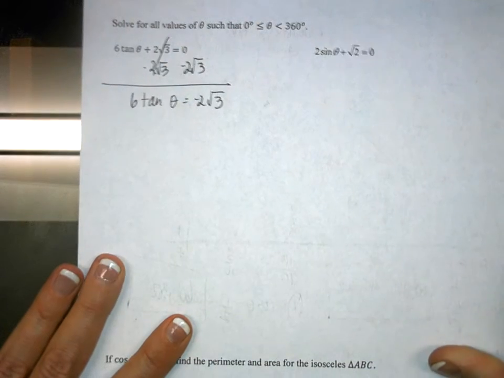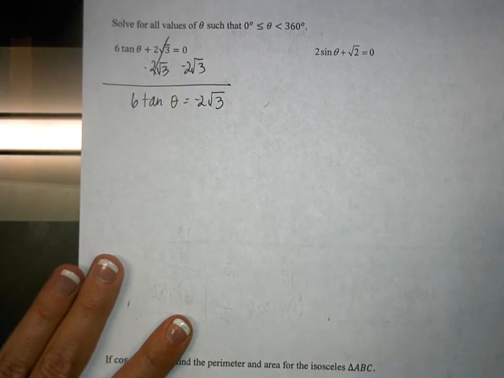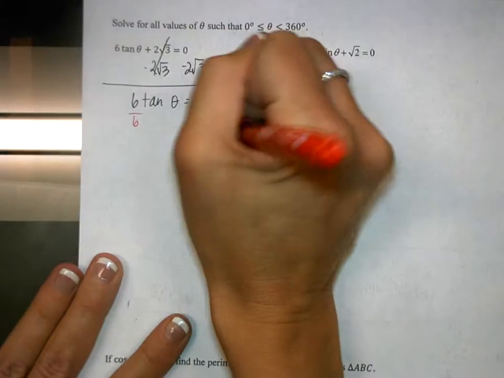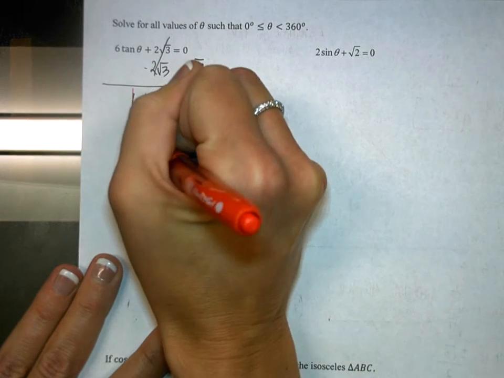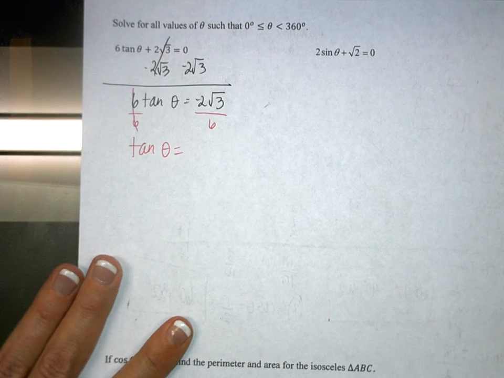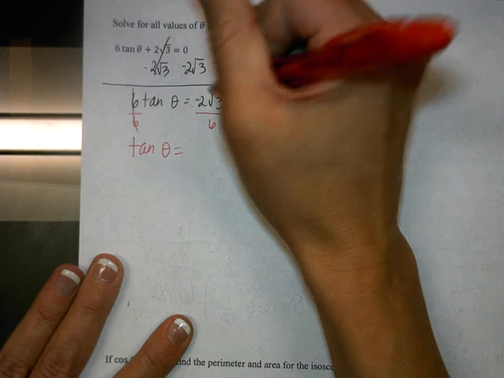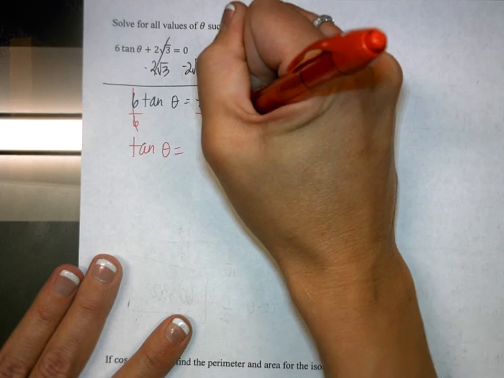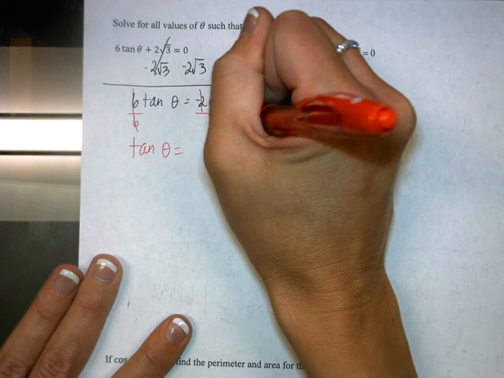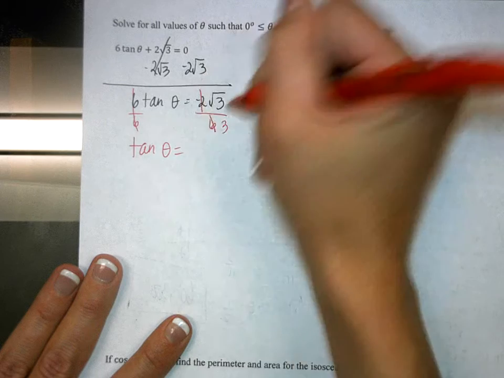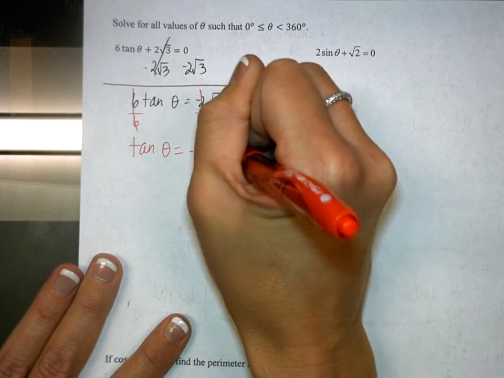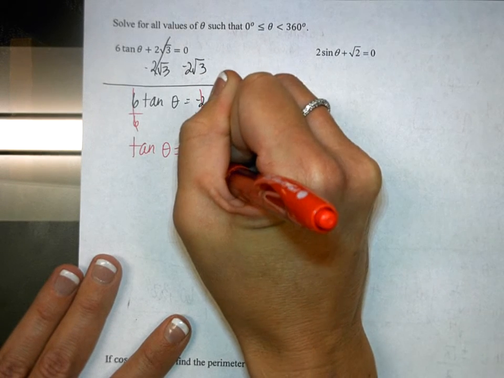What do I do next? Good. Divide by 6 on both sides. We have tangent of theta equals, and we have to reduce. So the 2 cancels out, and 2 goes into 6 3 times. So I have negative root 3 over 3.